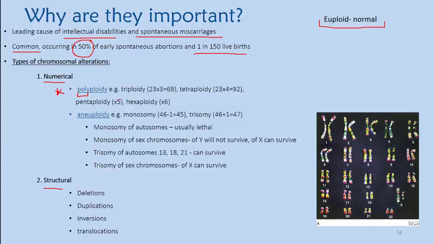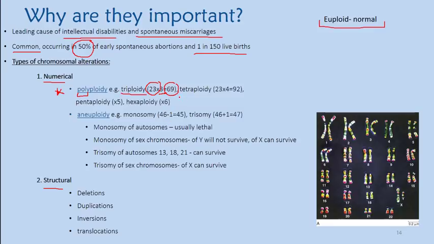For example, if you have a zygote that has 3 copies of a chromosome rather than the usual 2, this is a form of polyploidy called triploidy. So 23 is the normal, multiplied by 3 of each instead of 2 of each, and that gives us 69. Nearly all triploid fetuses are spontaneously aborted or miscarried or occasionally stillborn.